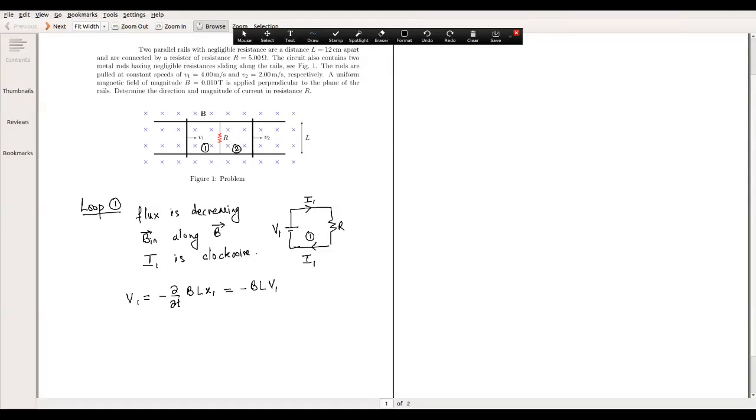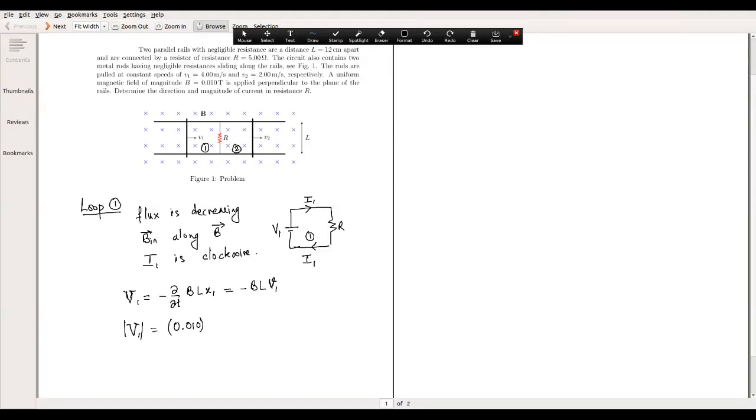This is the voltage, capital V1. That's equal to, talking about the magnitude of the voltage, B given to be 0.010 Tesla.